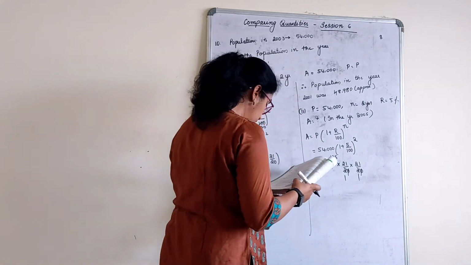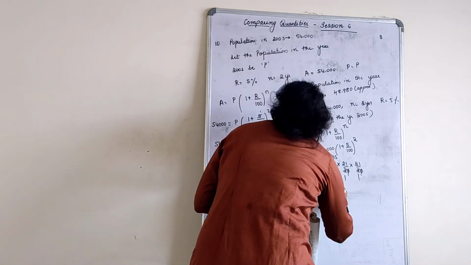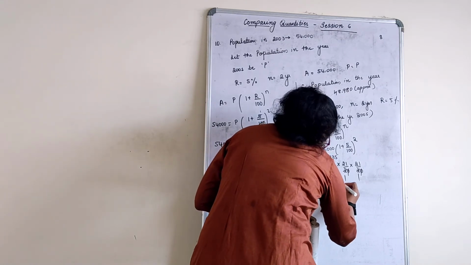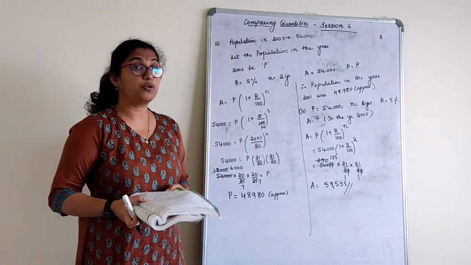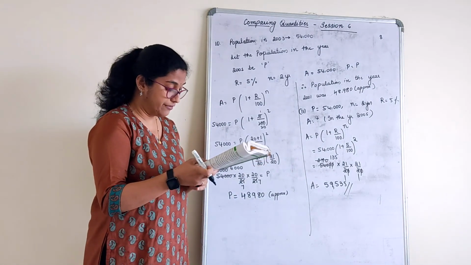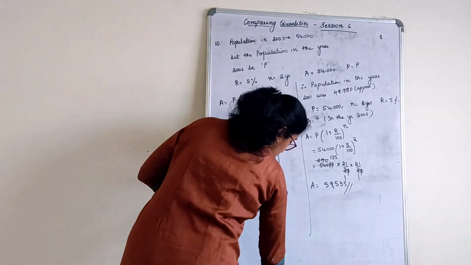So the population in the year 2005 is 59,535. Please give the conclusion. Therefore, the population in the year 2005 is 59,535. Let's go with the next one.